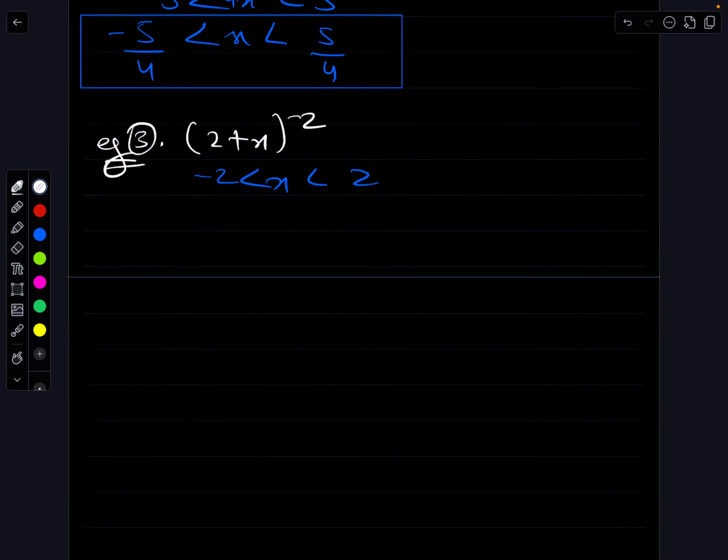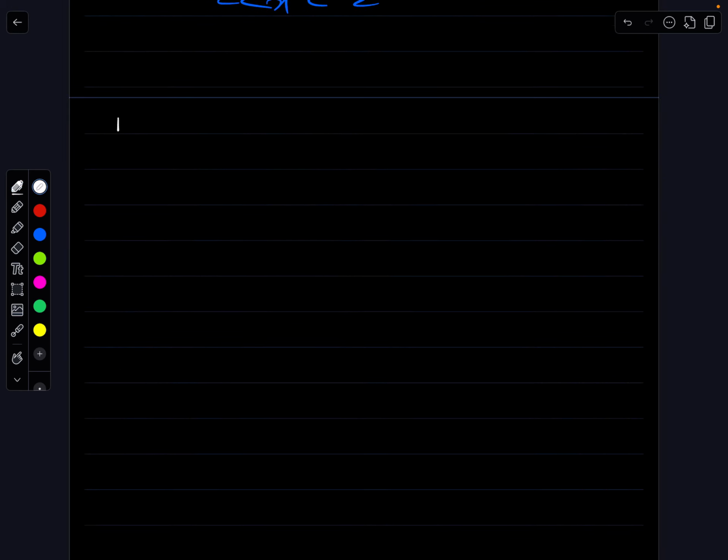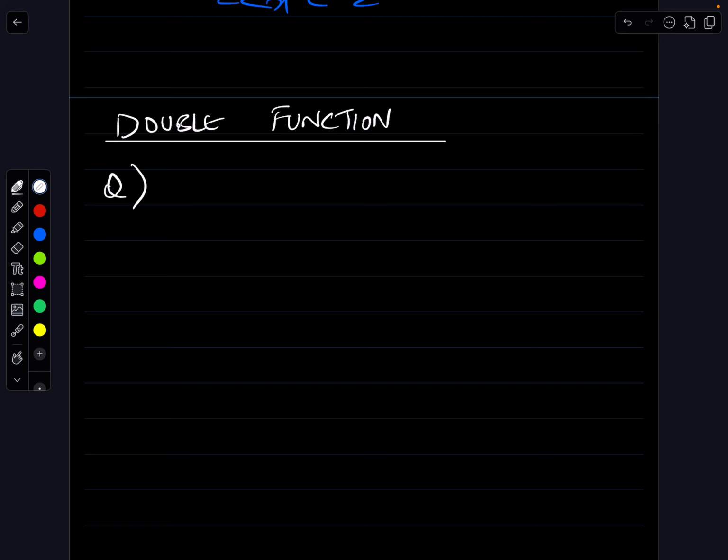So one more thing for range of validity. What if I have a double function? In case of a double function, for example, I have (x - 1)^(1/2) + (2x + 1)^-1.